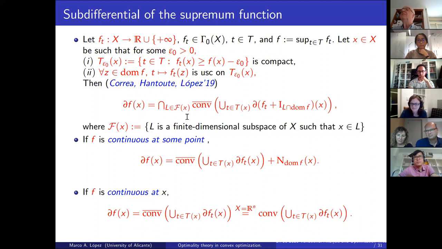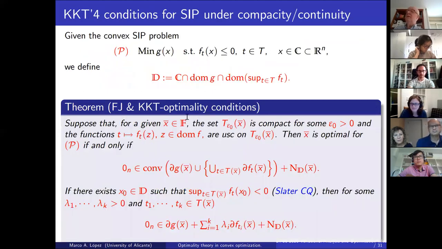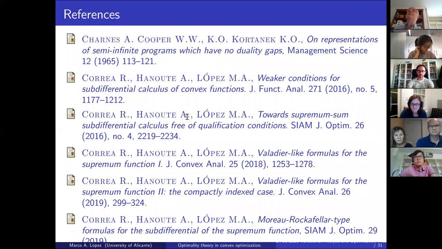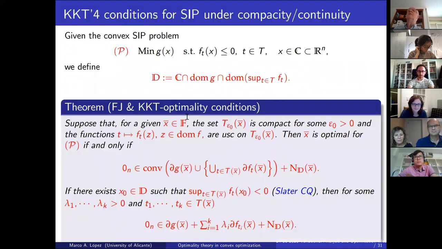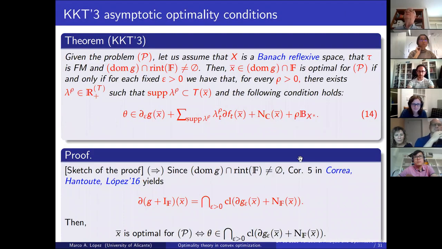And then I have a very minor question. It's about KKT3, the third KKT theorem. Can you please show it for a moment? This one. Here it is. My question is very simple.